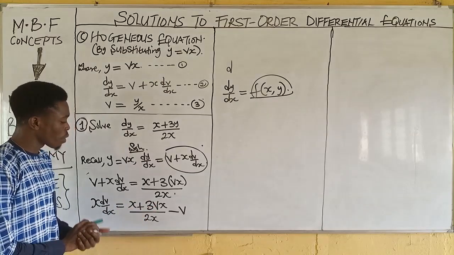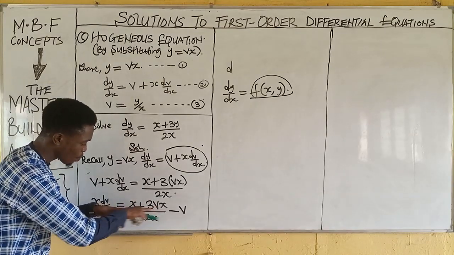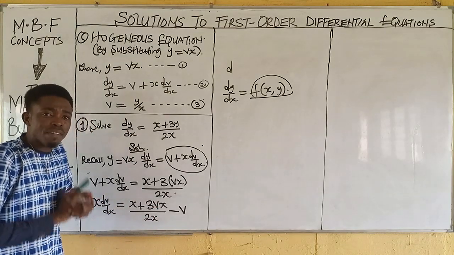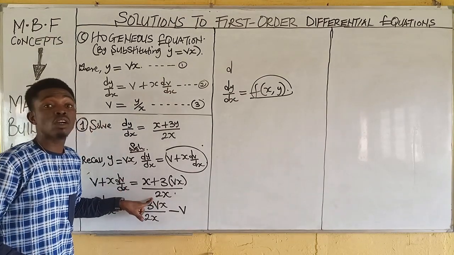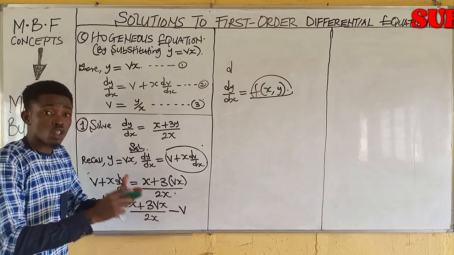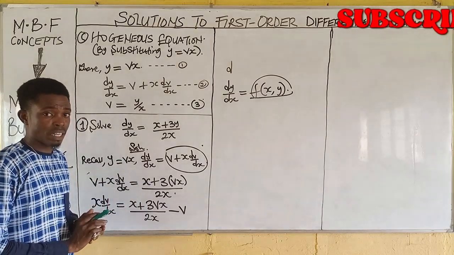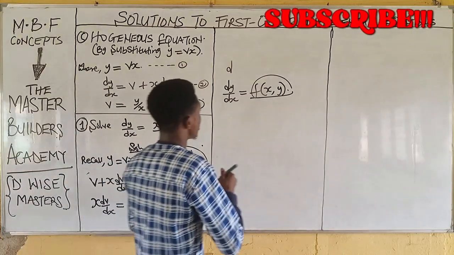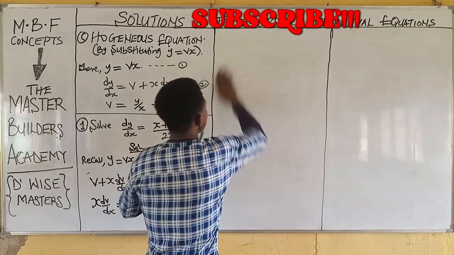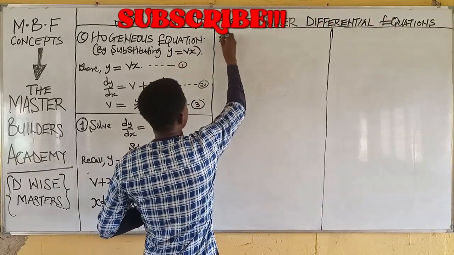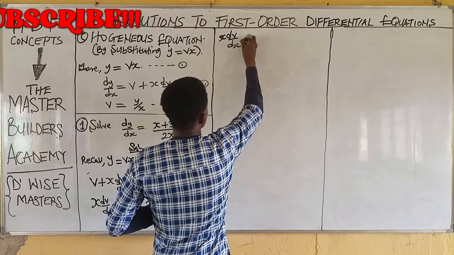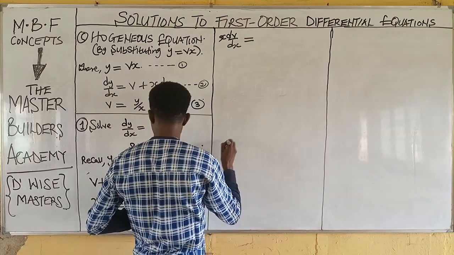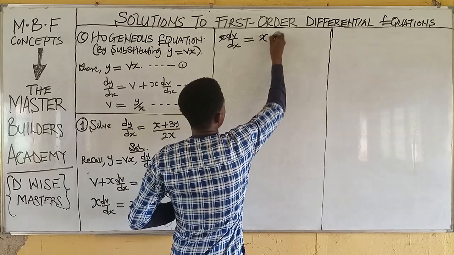Then the next thing we are going to quickly do is that at the numerator, we now have x common between the first term and the second term. What do I need to do? I just need to factorize the numerator. And when we factorize, this will give us x dv over dx is equivalent to x open bracket.